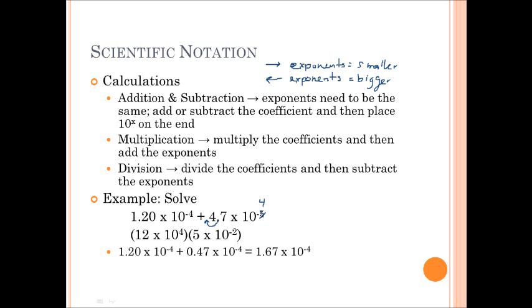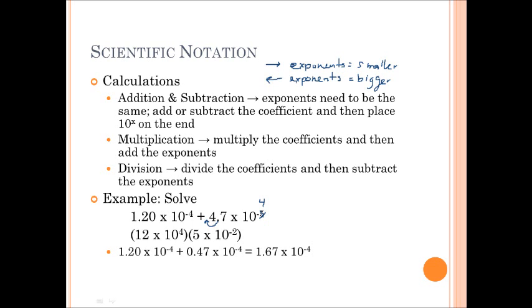And it becomes 0.47 times 10 to the negative 4th. Another way to check is because we know negative 5 is smaller than negative 4, the coefficients, once they're the same, should be smaller. So 1.2 is larger than 0.47. So now we just add our coefficients. 1.2 plus 0.47 gives us 1.67. And then because they're the same exponent, it's times 10 to the negative 4th.